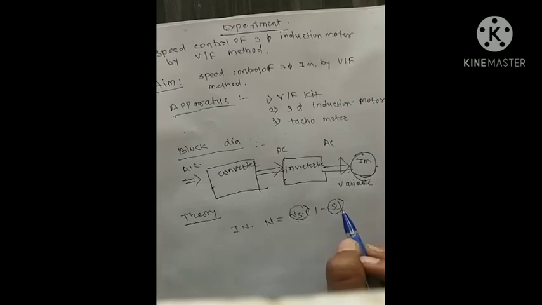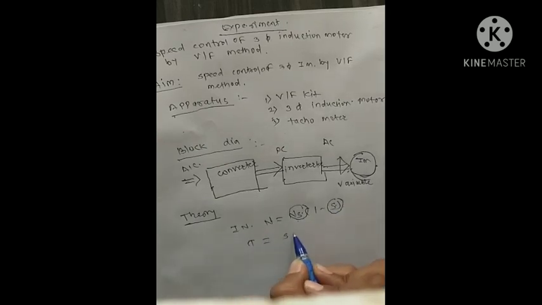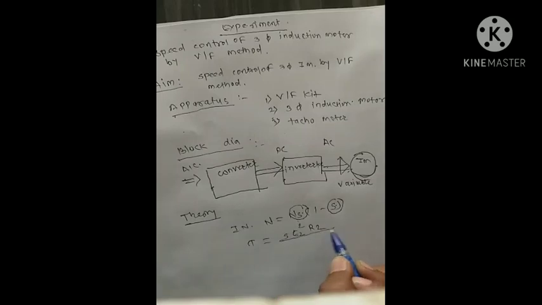The torque is given by tau equals S E2 square R2 upon (R2 square plus (S X2) whole square).